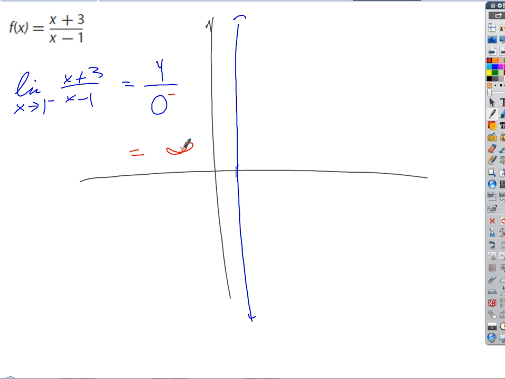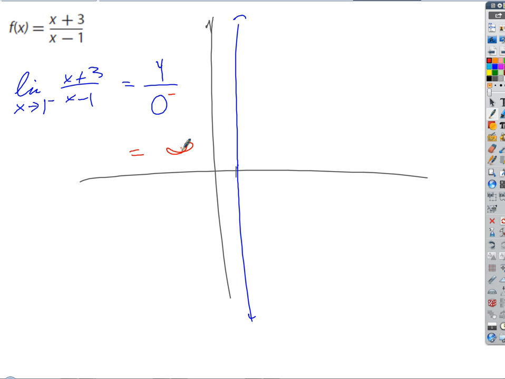That make sense? If you want a model of that, just take real numbers. Let's just take 10 divided by 0.1. 10 divided by 0.1 is 100. Well, what's 10 divided by 0.01? 1,000. 10 divided by 0.001 is 10,000, and so on and so forth, right? It's just getting bigger and bigger and bigger. But what's the sign going to be?